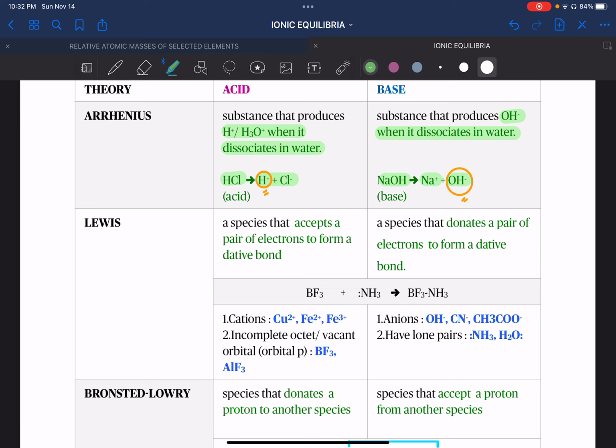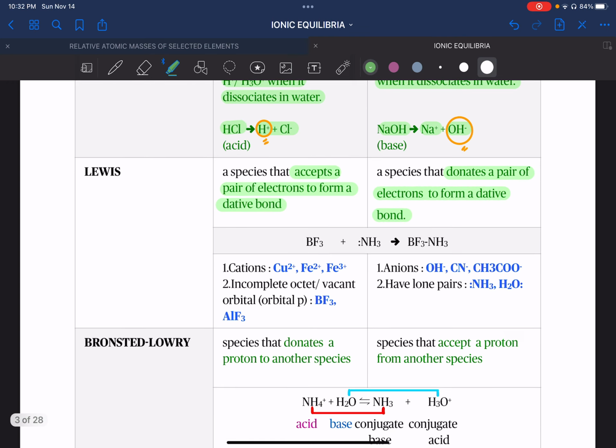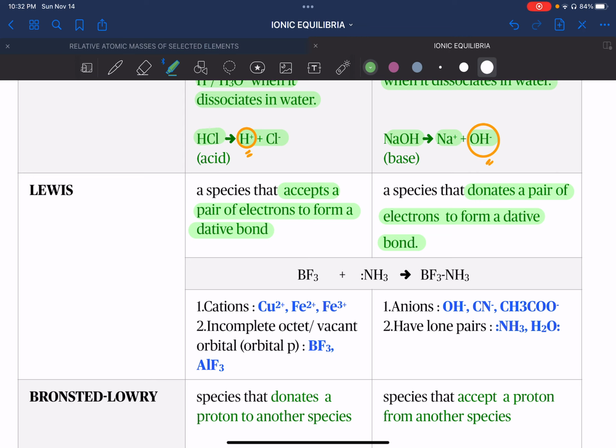Okay, Lewis cakap, acid adalah a species that accepts a pair of electrons to form a dative bond. Manakala base pula is a species that donates a pair of electrons to form a dative bond. Okay, kita tengok contoh. BF3 and ammonia.